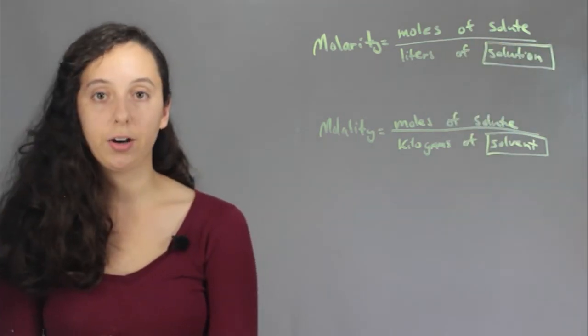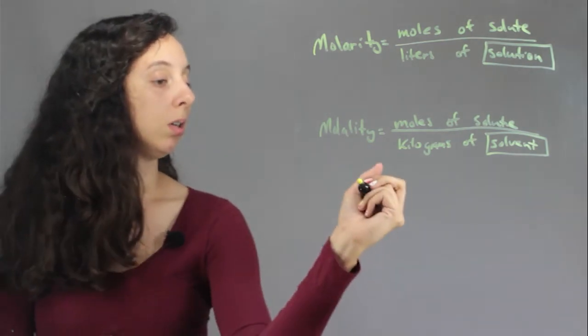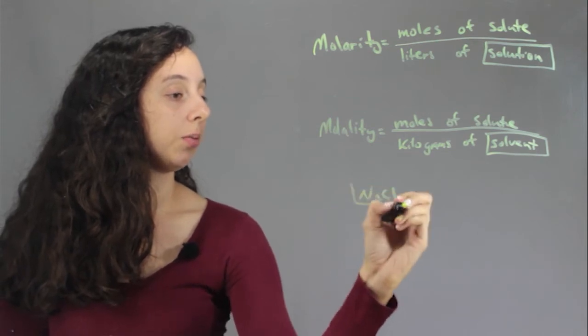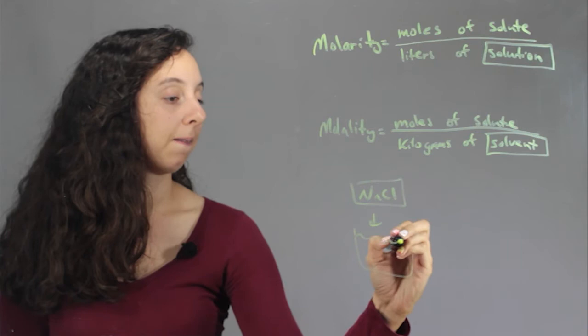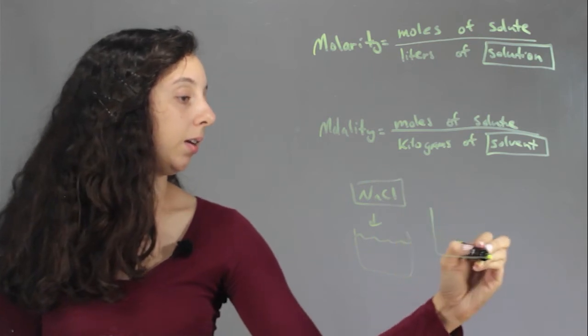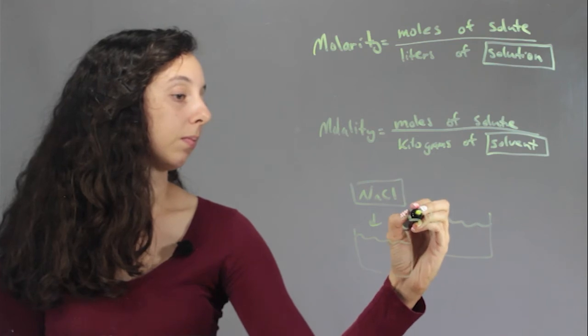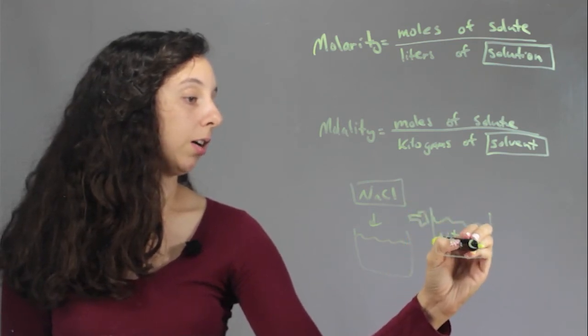So why does that matter? Well, just to refresh, remember that if you put a little bit of salt into a cup of water, then it dissociates, and you have your solution here.